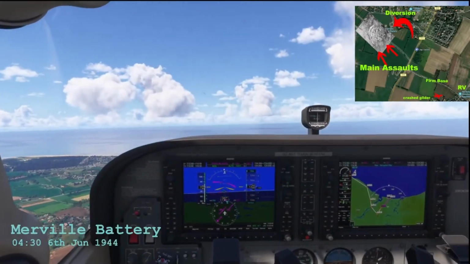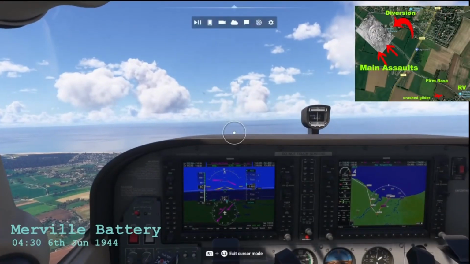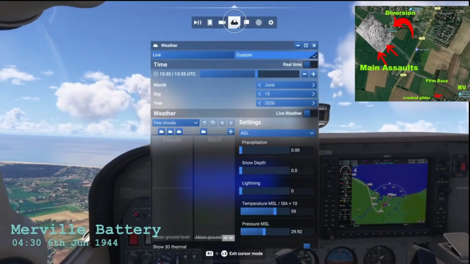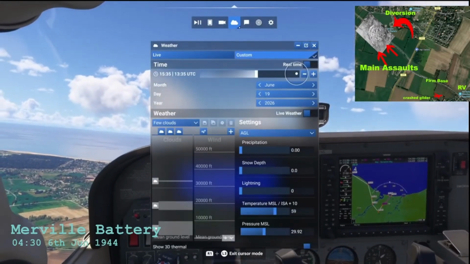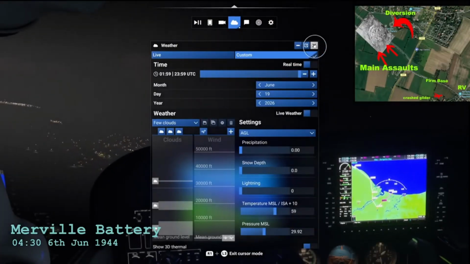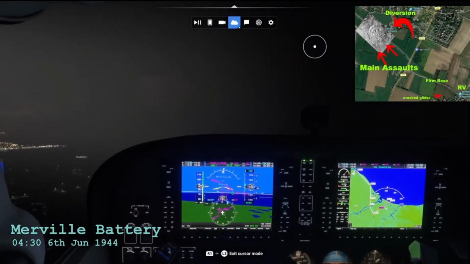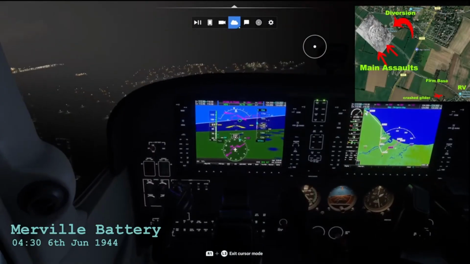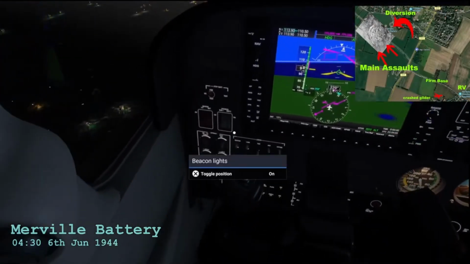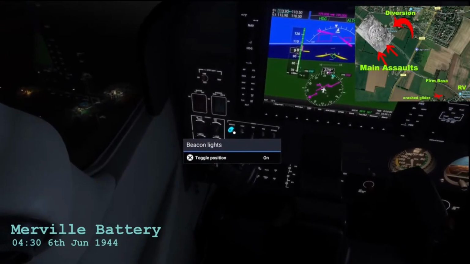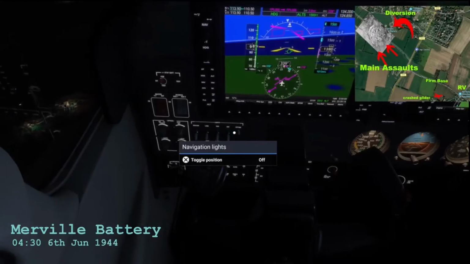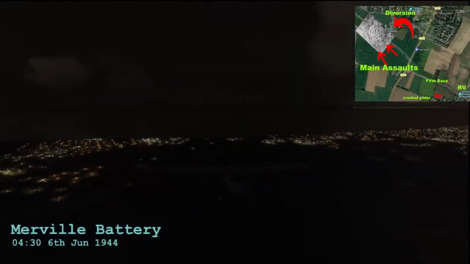So I'm going to put out the lights. We're going to kill these strobes, landing lights, all these sort of things.